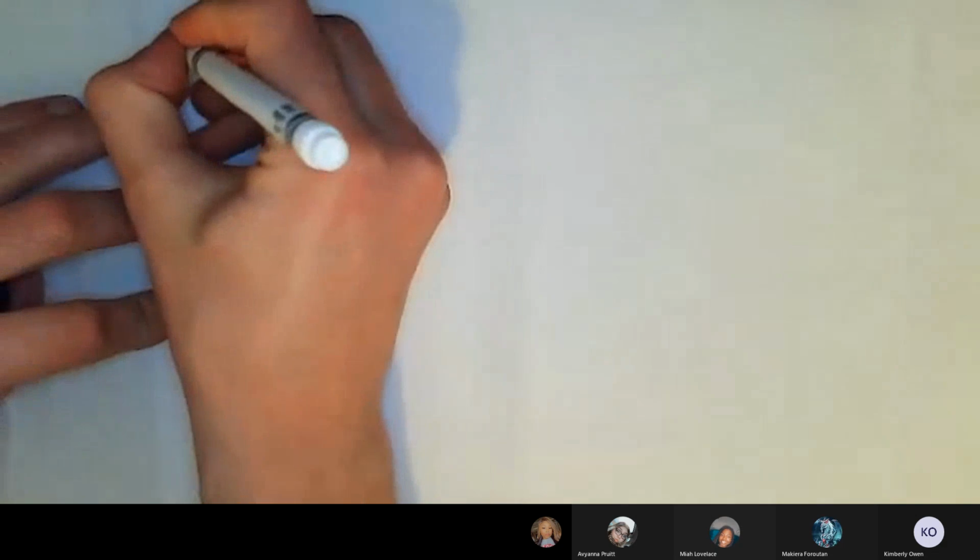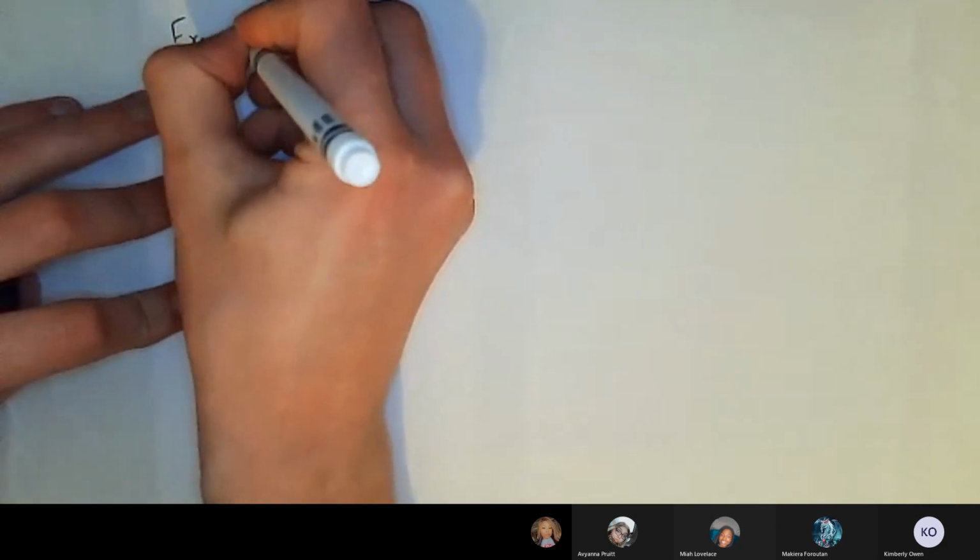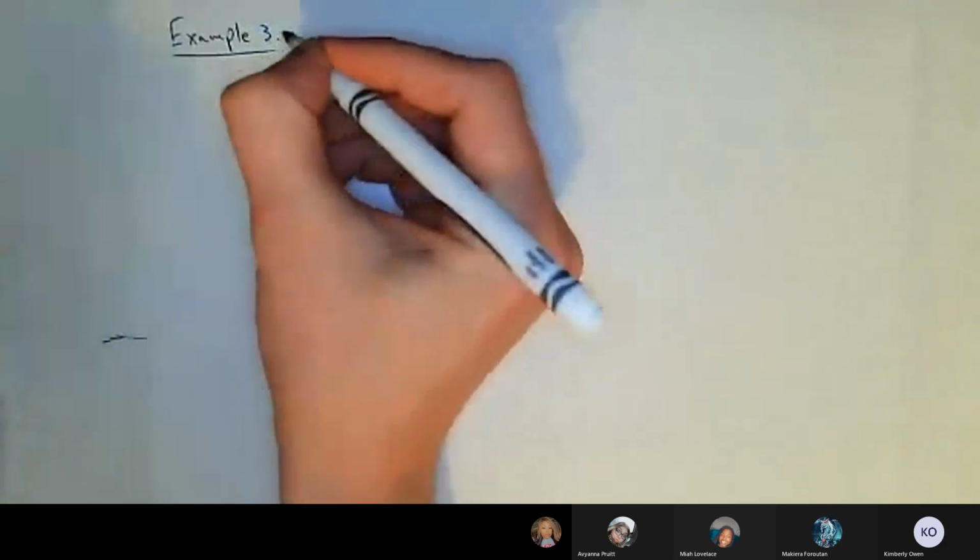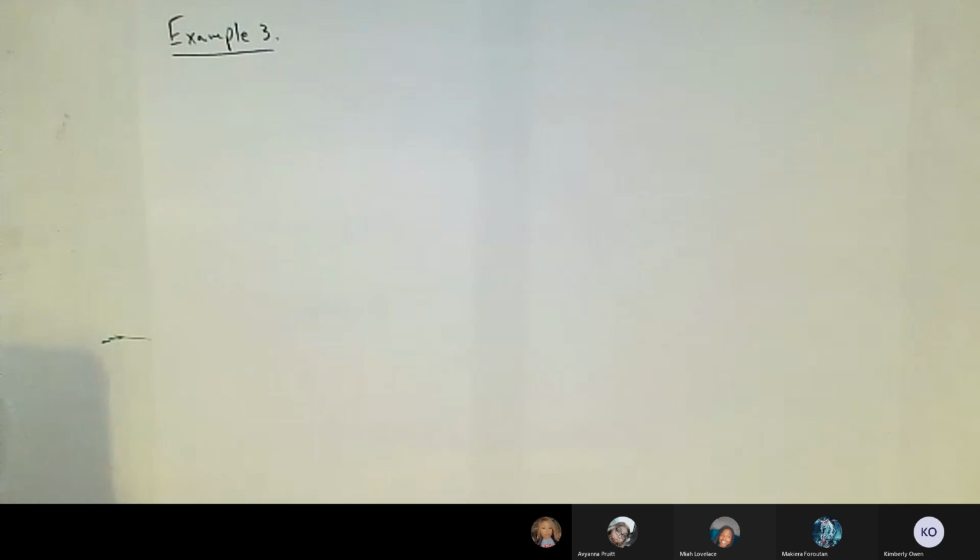Example 3. This one's going to be similar to example 1 in that we're going to be compacting them. In example 1, we actually wanted to evaluate them, so we actually got like a number answer at the end.